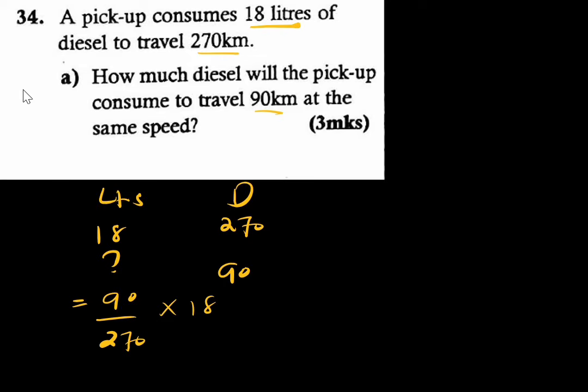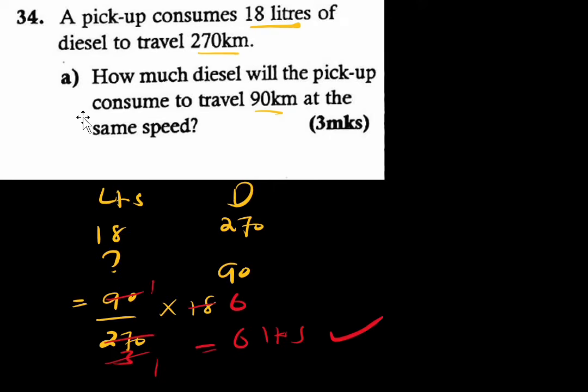So you can see here by 90, 1, by 90, 3, by 3, 1, by 3, we get 6. So we get 6 liters. Therefore, the answer is 6 liters. So it will need 6 liters so that it can cover a distance of 90 kilometers.